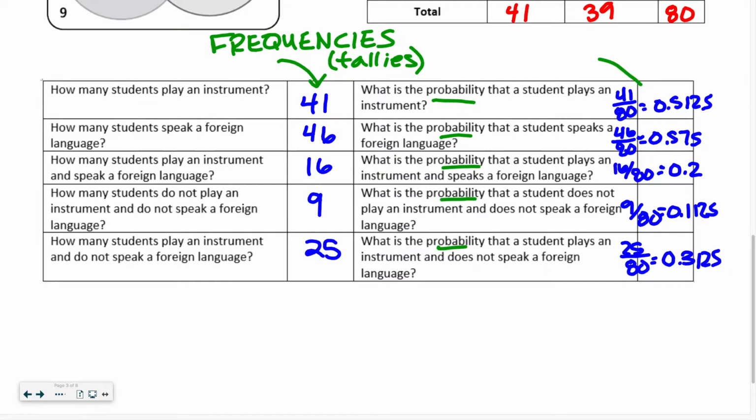Remember, when you do a probability, those come out looking like ratios. In math, when you first started doing ratios, you would write that ratio with the colon, 2:3.